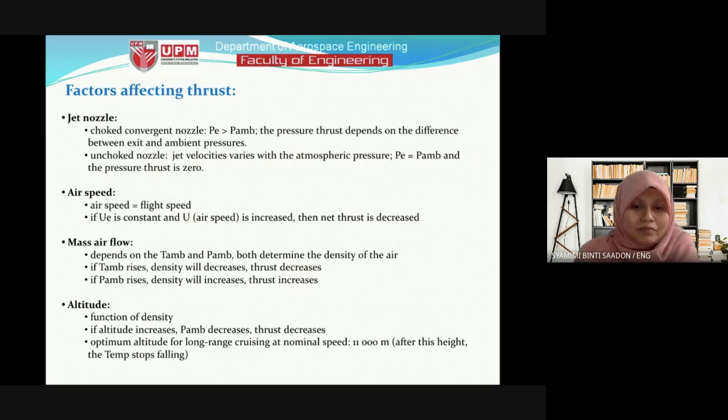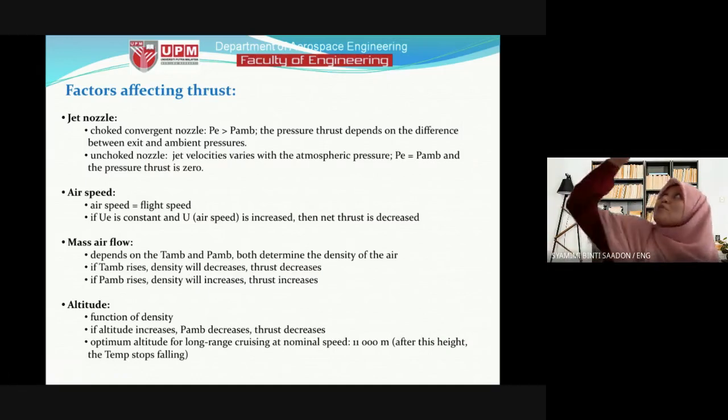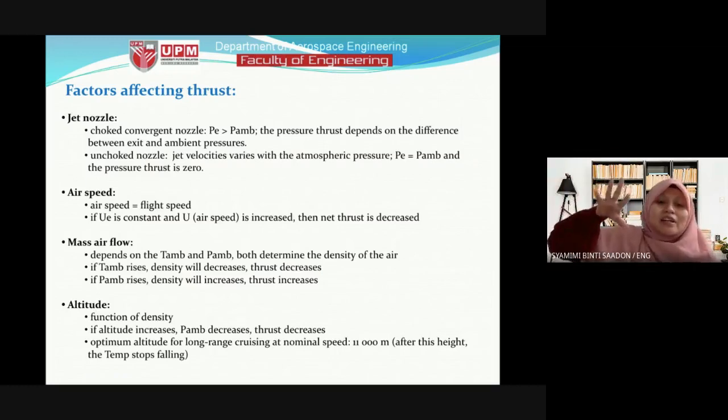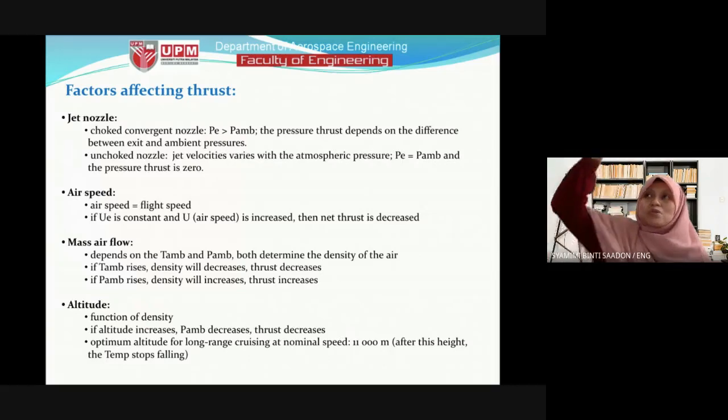In flight, the temperature down here on the earth is higher than the temperature up in the sky, so if we go further up, the thrust will change accordingly.